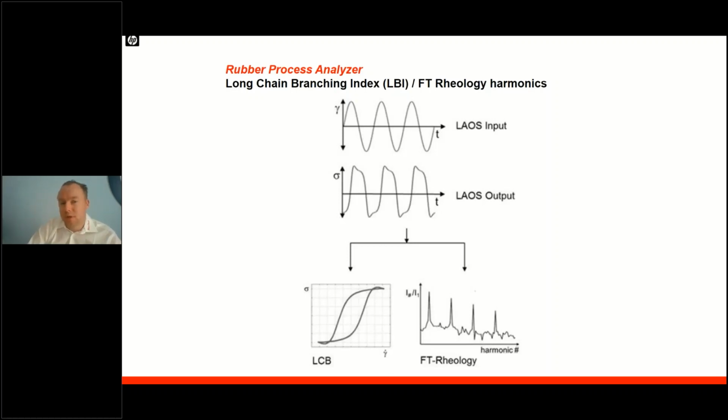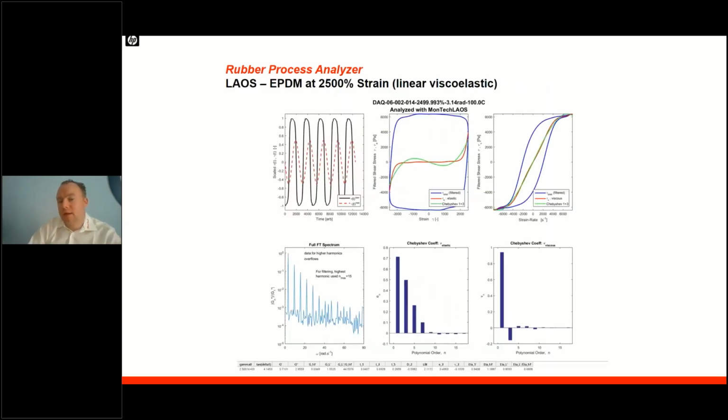Based on these two models, we are now able to create simplified reports in seconds, providing you a full overview of the nonlinear material response of the items you are testing, quantifying the level of long chain branching as well as molecular weight distribution.